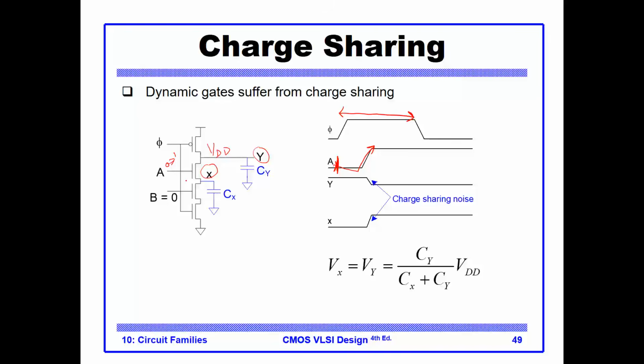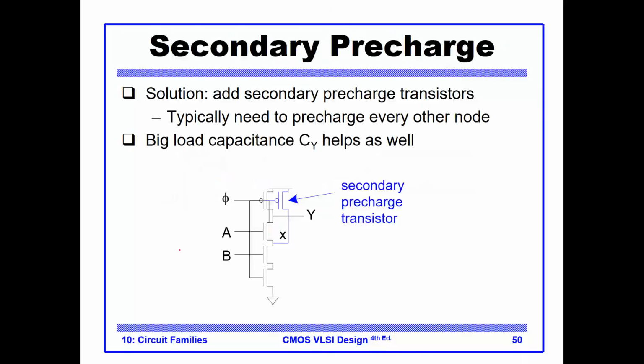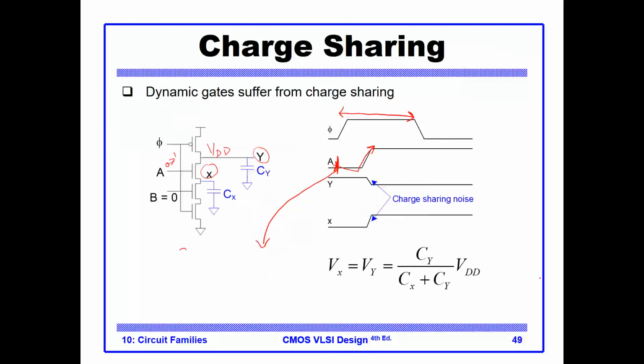And in this case, the charges in this system at the beginning, Q, equal CY times VDD.